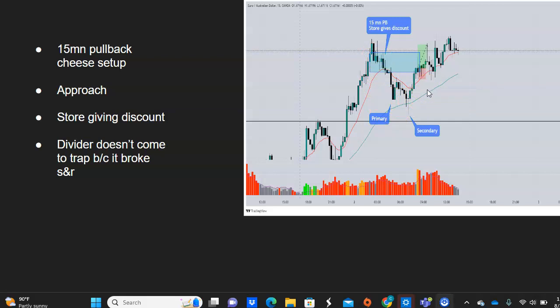And as you can see here, this is where buyers stopped buying and sellers came in. Sorry, this isn't sellers just yet. Sellers come in here after they know that this is a sell.